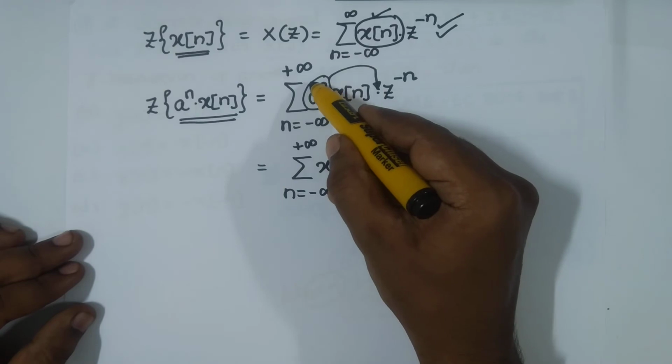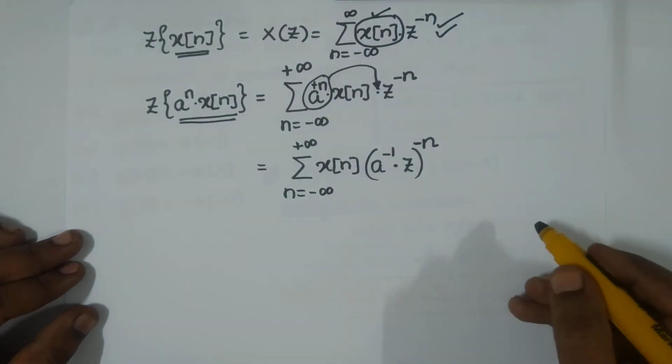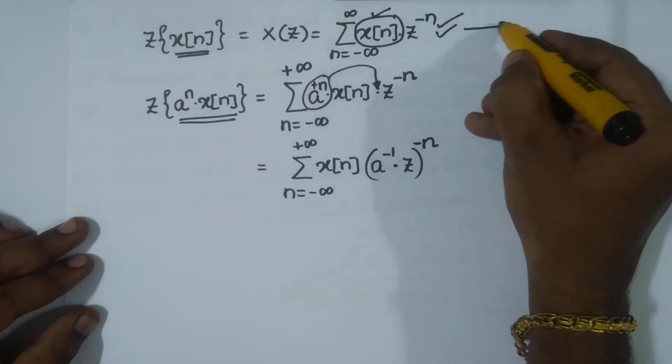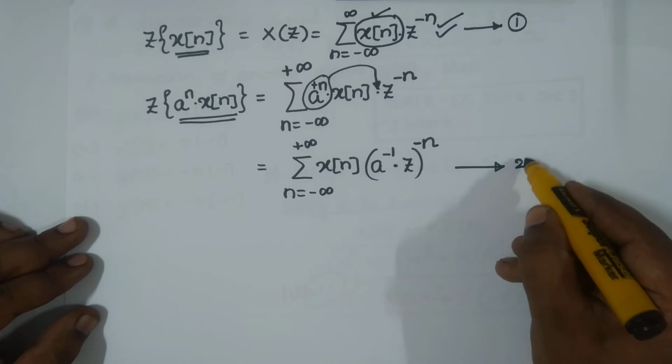So a power positive n and z power minus n is satisfied. Now this is equation 1, and I designate this one as 2.